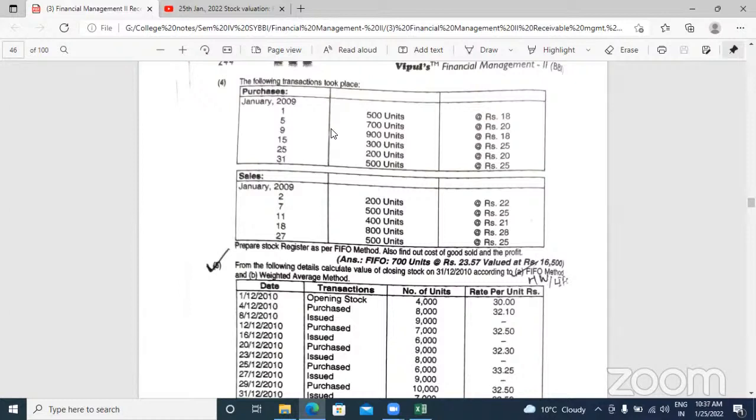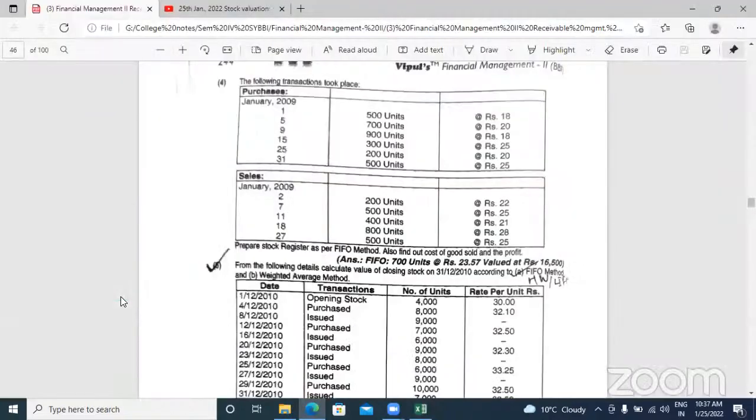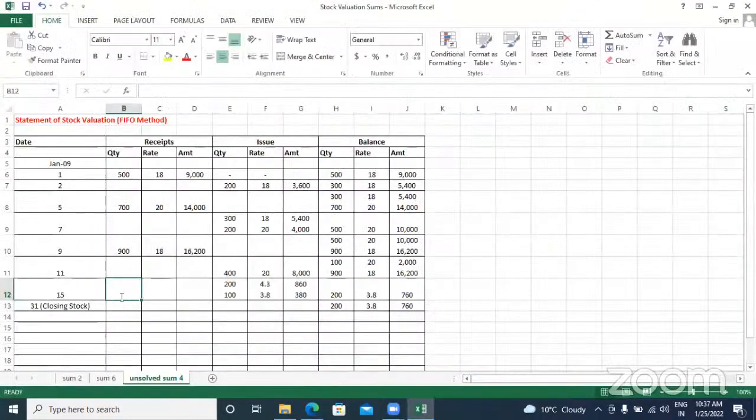So 300 units purchase, 25 rupees, 15th date. So here I will write 15th. 300 units, at the rate 25. So what is the value? Ma'am, 7,500. 7,500. Very good.